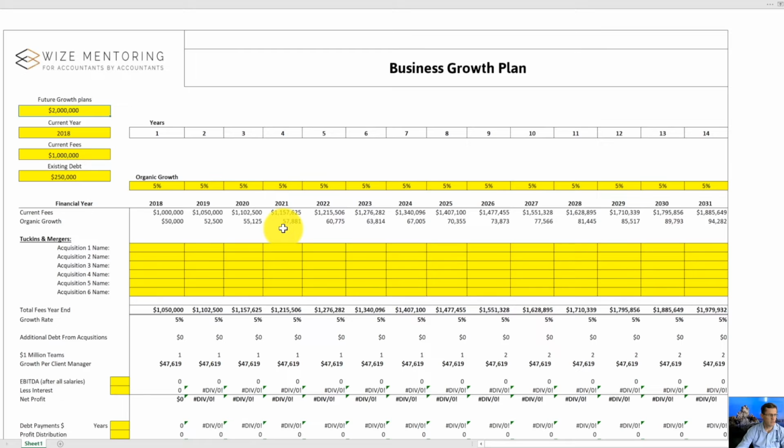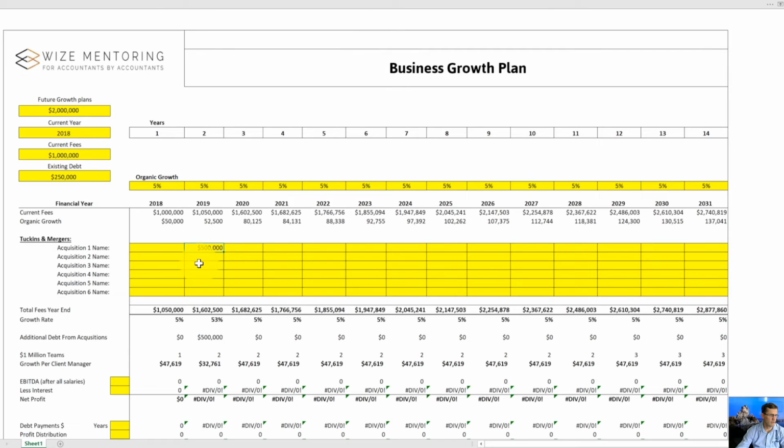So what we need to do is look at some tuck-ins and some mergers. This is part of what Ed taught me to do here at Sky Accountants, and we looked at different acquisitions, and it's really propelled our growth along. If we have a look at this, for example, let's say next year we find a firm that has around $500,000 in fees, and the current owner doesn't have a succession plan, so you're looking at purchasing his practice.